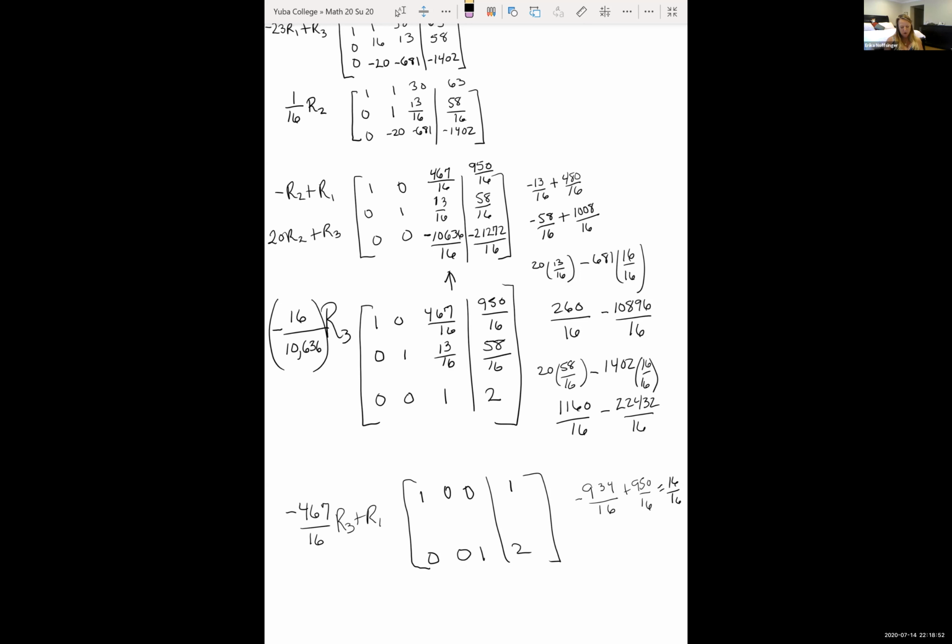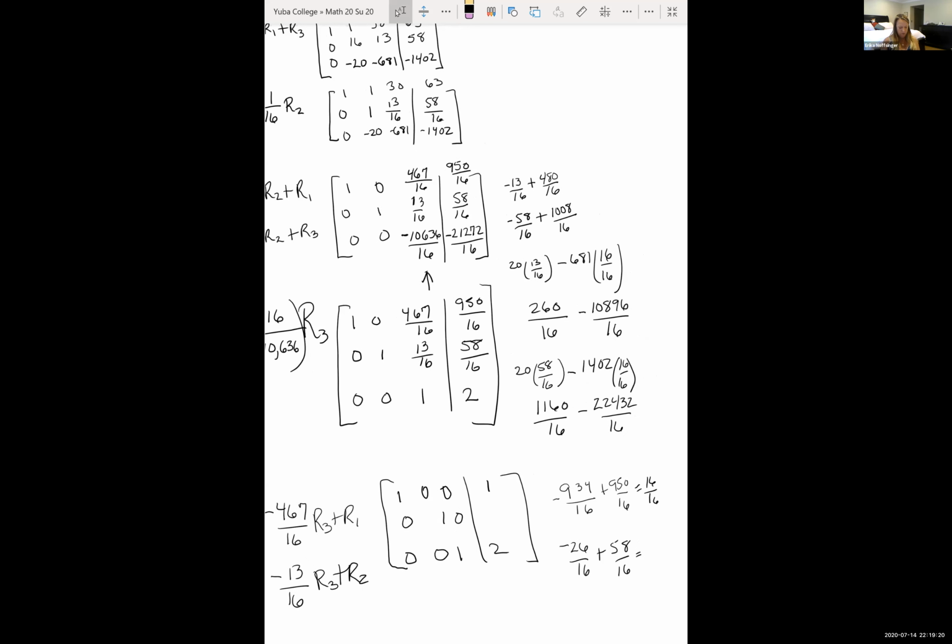And one more, get rid of the 13 over 16. We can multiply row 3 by negative 13 over 16, times row 3 plus row 2. So we have 0, 1, 0. Okay, so negative 13 sixteenths times 2 is negative 26 sixteenths, plus 58 sixteenths. This is 42 sixteenths.